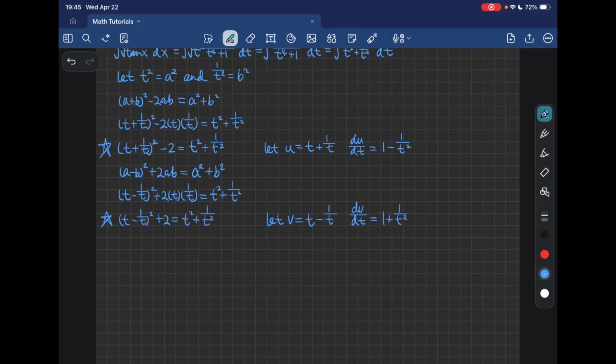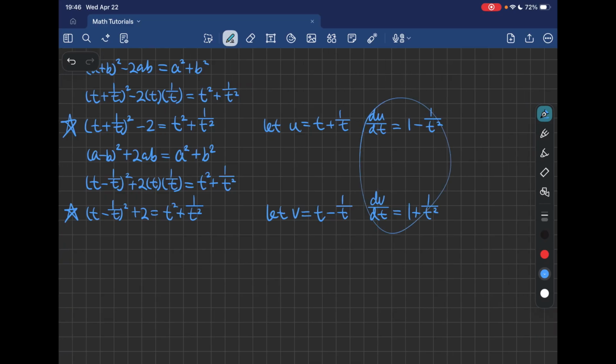So if you add du over dt and dv over dt together, you will end up with this and this. You will just end up with 2, right? Because 1/t² is just cancelled out. So you have 2.